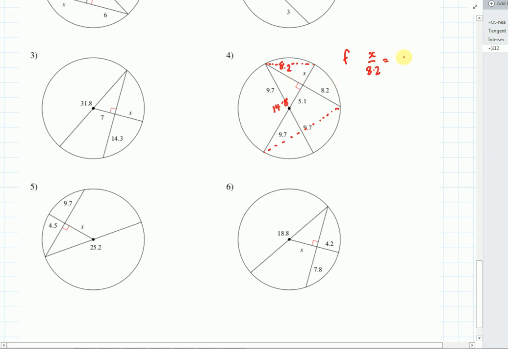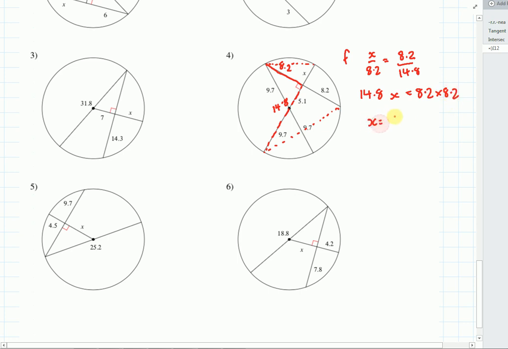So the smaller one is 8.2 for that side, and that is similar to that side, the 14.8, which means we get this crossover. The two parts of the chord multiplied is equal to the crossing chord multiplied.